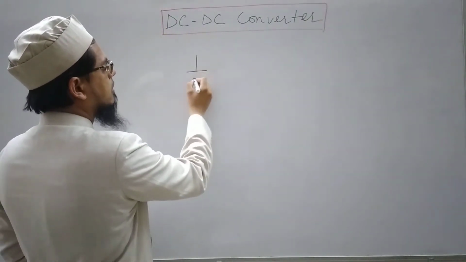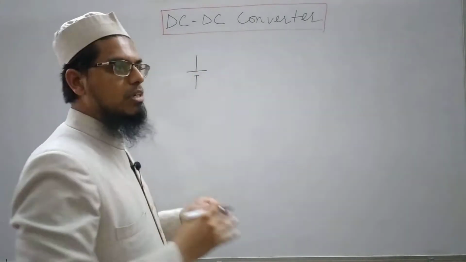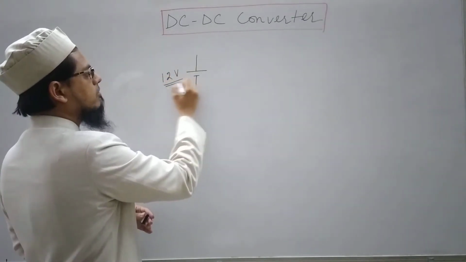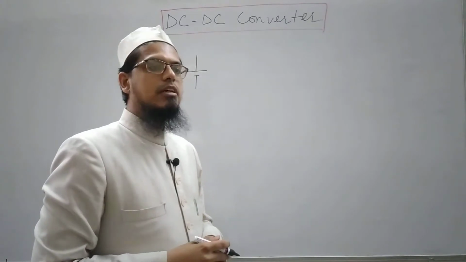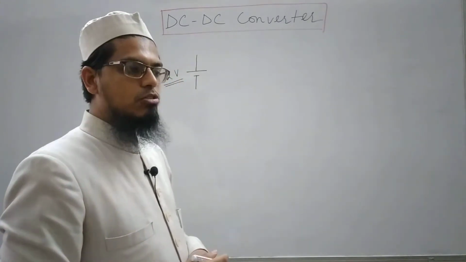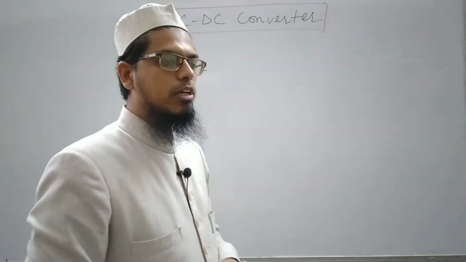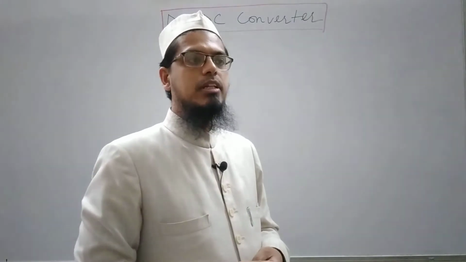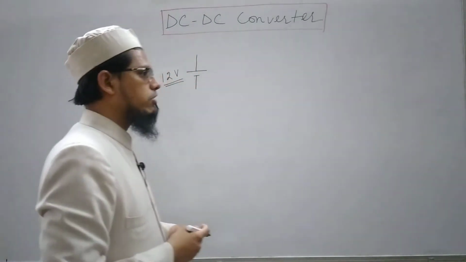Say for example, I have got this DC supply available to me in my home, and say this is a 12 volt DC supply. Normally we have lead acid batteries which are used along with the inverters; they come in handy when the grid power supply is not available.